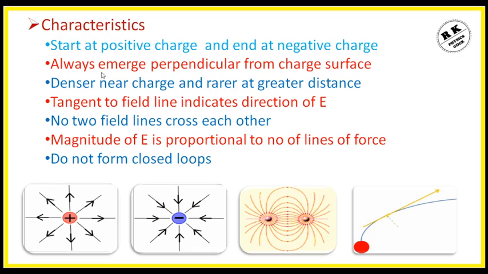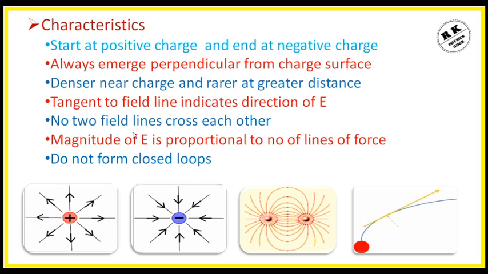Let us have a quick revision of the characteristics. They start at the positive charge and end at the negative charge. They always emerge perpendicular to the charge surface. They are denser nearer the charge and rarer at greater distance. The tangent to the field line indicates the direction of the electric field.